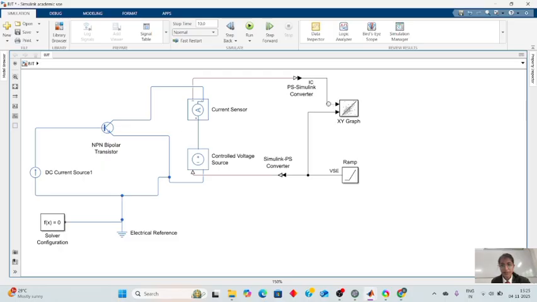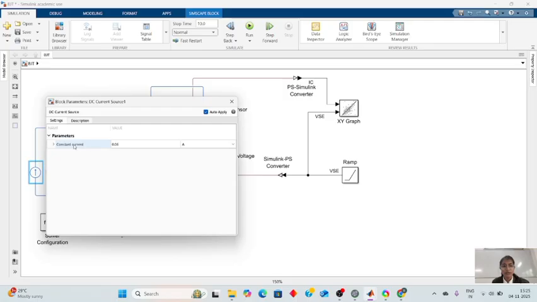From this PS Simulink converter, we are going to get IC, that is the controlled current, and from the Simulink PS converter, the voltage source.